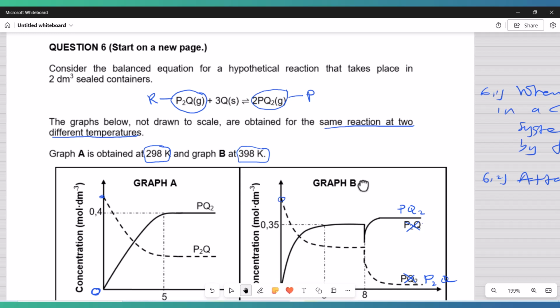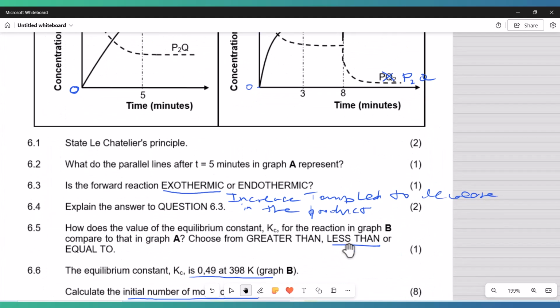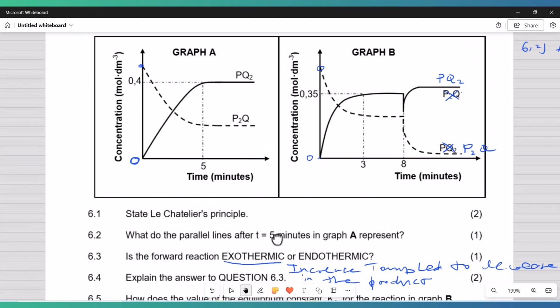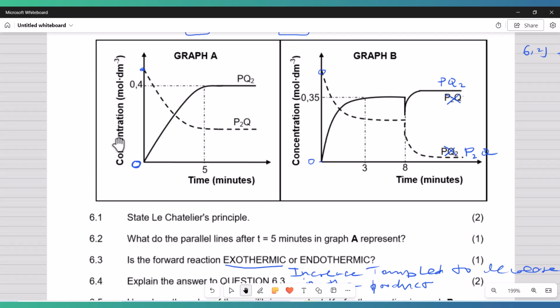So we need to find out the initial moles for the reactant if our Kc is 0.49. Note something here, guys: we have concentrations on the y-axis, which means that's what we have at equilibrium. So in our table, it's better to use concentrations.